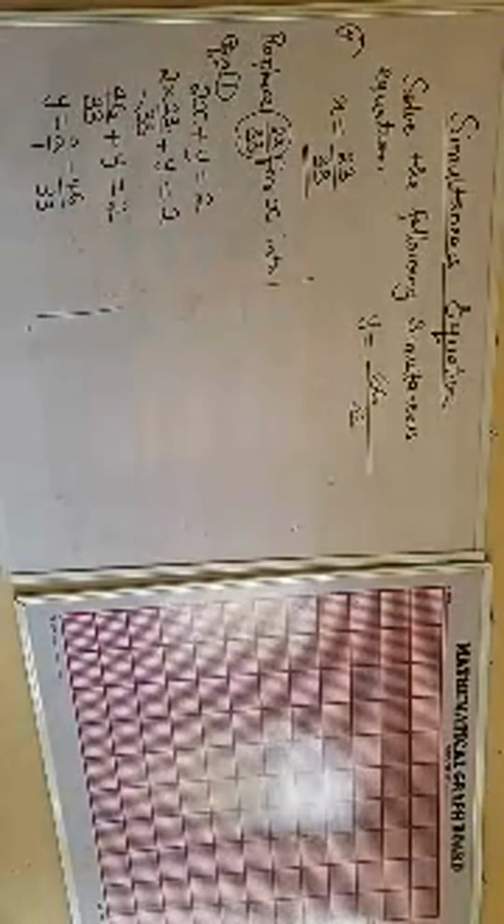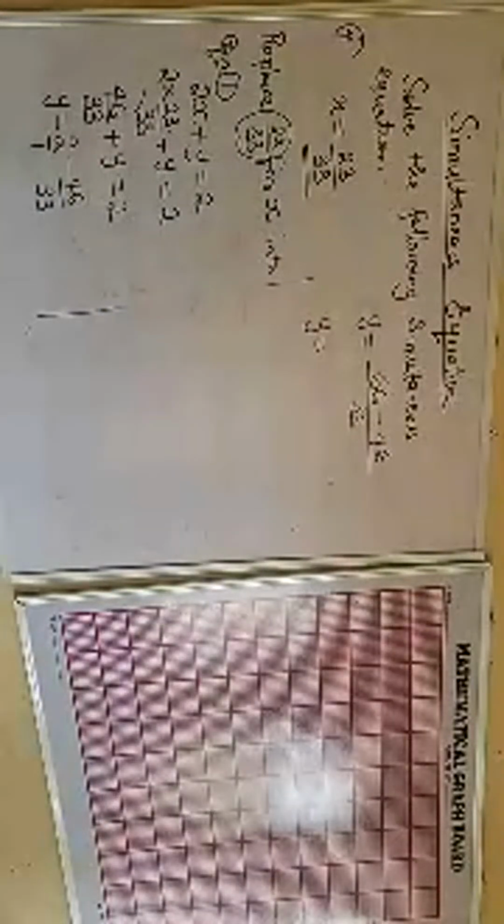We simply put y is equal to, the LCM of 33 and 1 is 33. Now, 33 divided by 1 is 33. 33 times 2 is 66. Then minus, 33 divided by 33 is 1. 1 times 46 is 46.